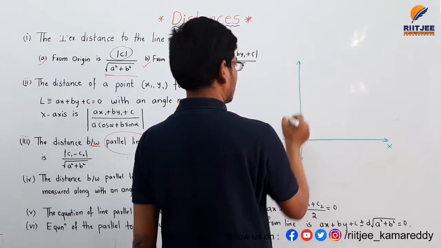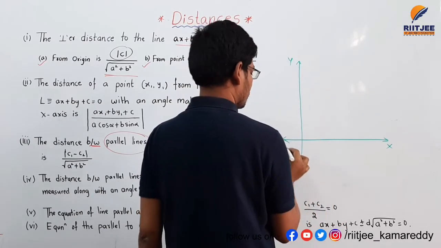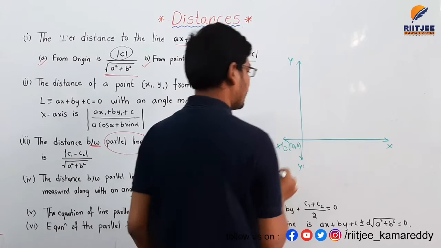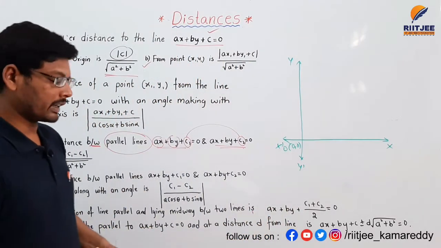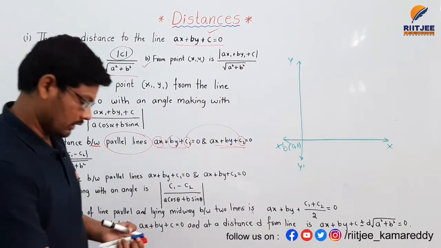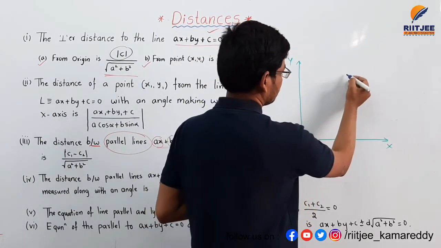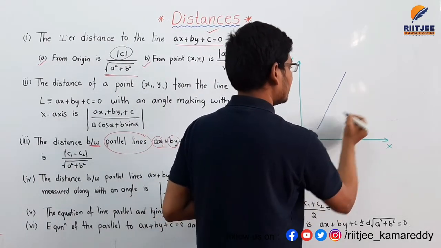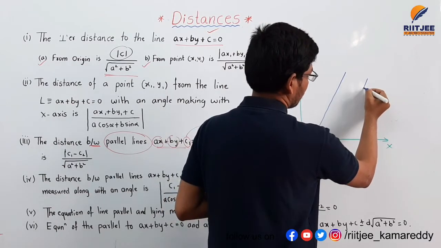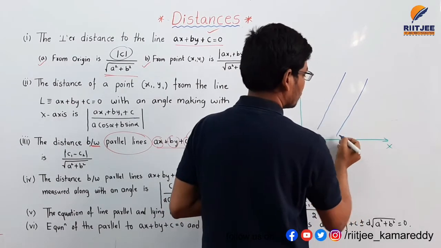X-axis, x dash, y dash. So origin 0, 0 I am taking here. I am taking a coordinate axis and I am taking two parallel lines. This is one line and this is one more line. Here I am taking these two lines.